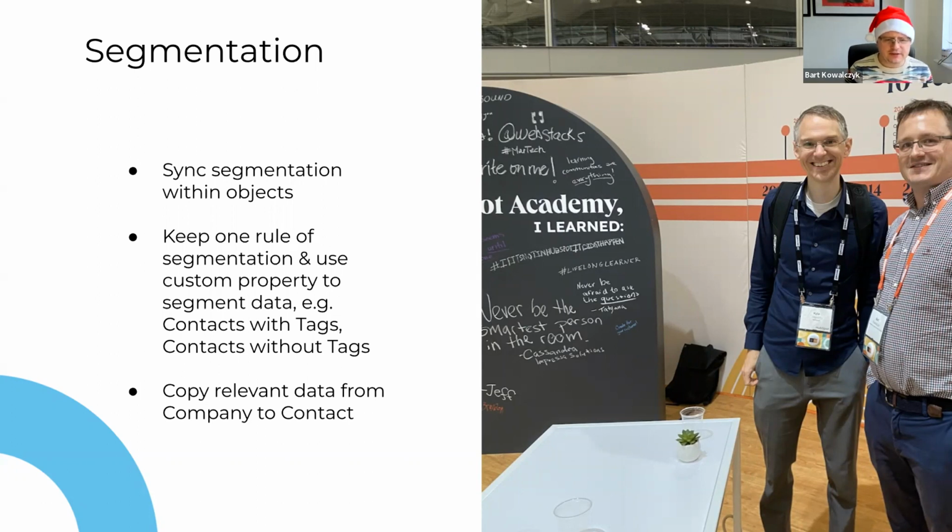And the final bit is connected with synchronization: copy relevant data from company to contact. In HubSpot, the company has a very powerful AI function, based on the domain. When you open the company in your HubSpot, the system will automatically use sources like Google and others in order to fill in the data.